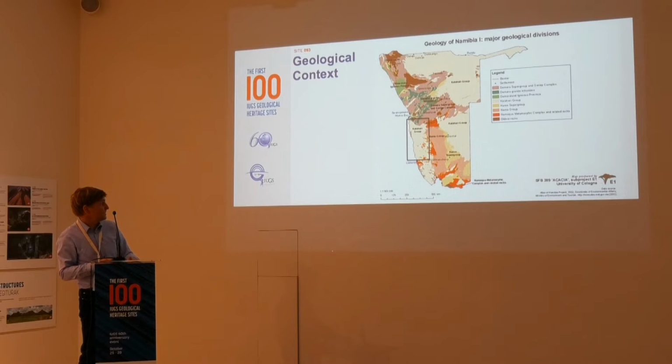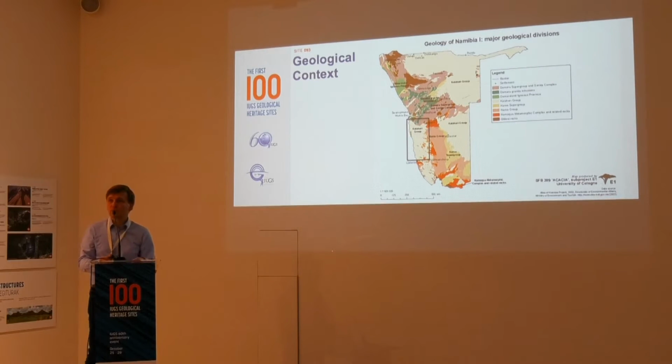This is the geological context, and you see the very general map of Namibia, and the outcrops of the old rocks are running just like here. Somewhere there is a major geomorphic feature for the southern African continent, which is the Great Escarpment, which separates the coastal lowlands from the much more elevated interior.